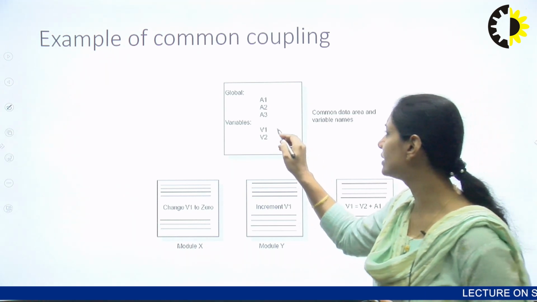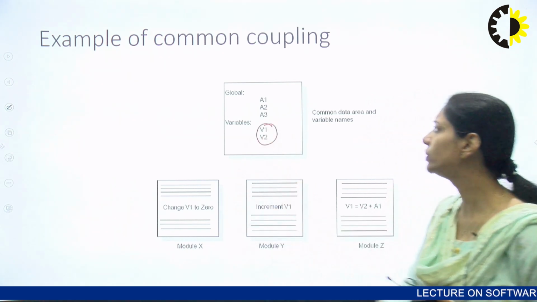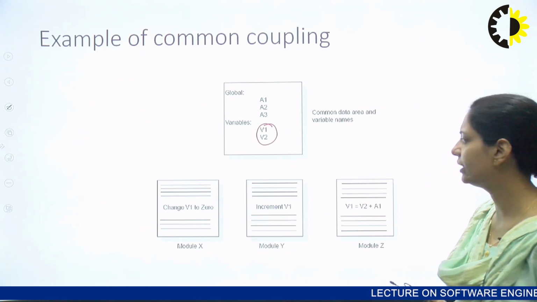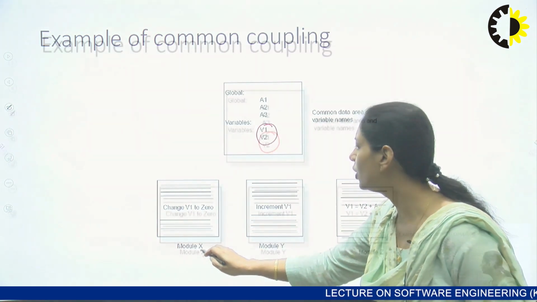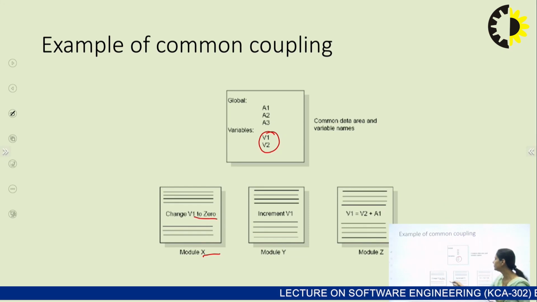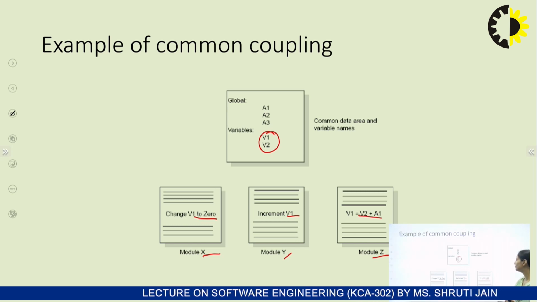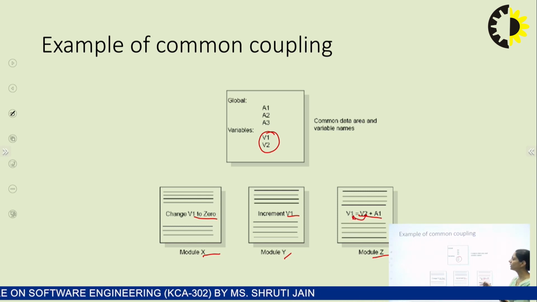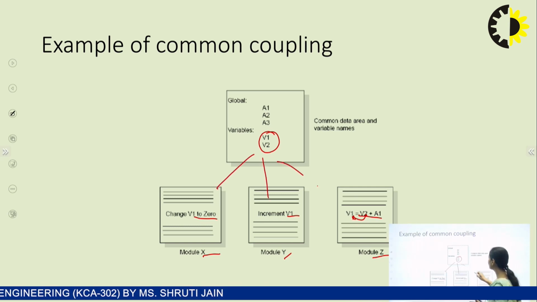if you look over the example over here, we have V1 and V2 as the two variables. Now, module X is changing V1 to 0, whereas module Y is incrementing V1, and module Z is adding V2 and A1 and storing the result in the V1 variable. Now, in this case, what is happening? Each of the modules is changing the values of V1 and V2.